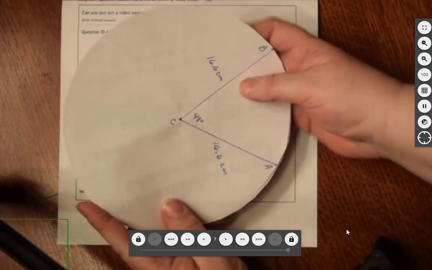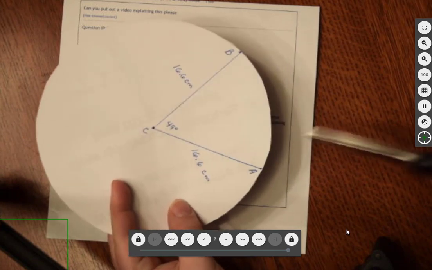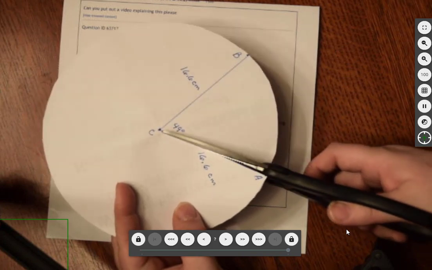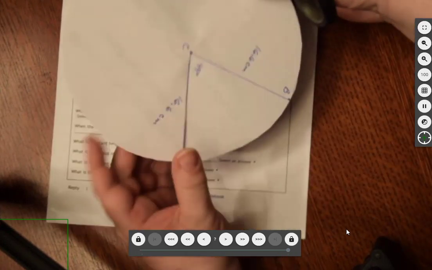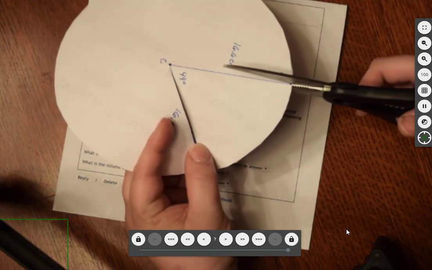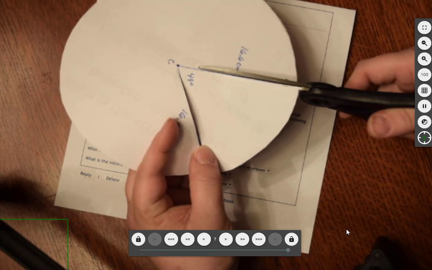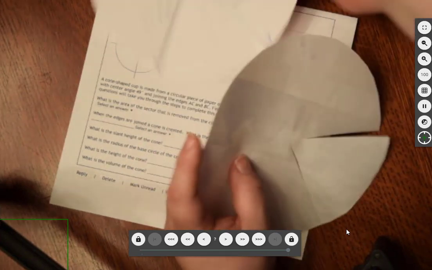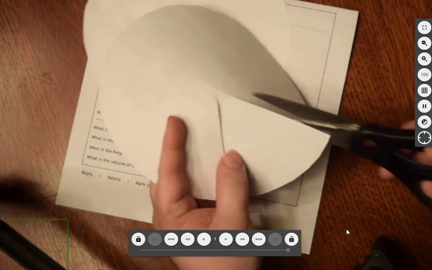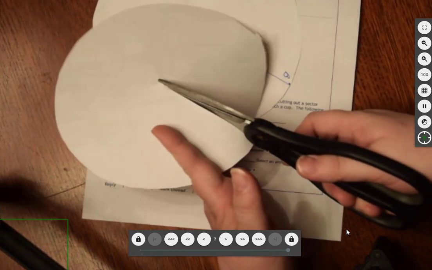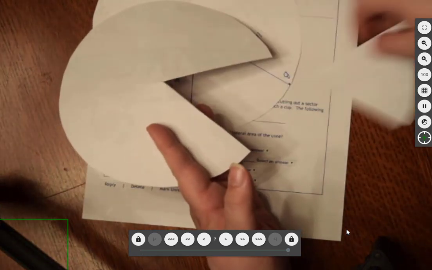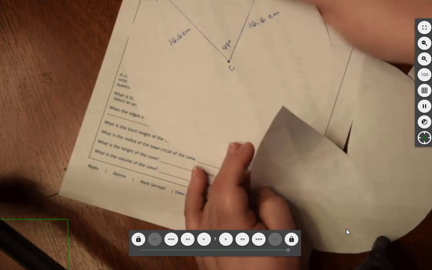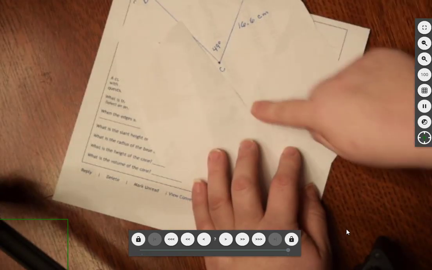So I've got my little scissors here. Okay, so I cut this out, and what we're going to do is join AC and BC, so that's these two sides.